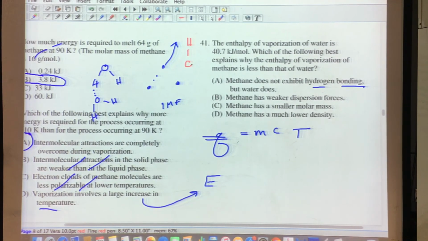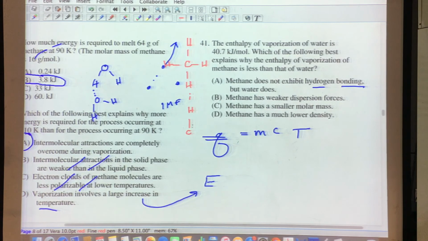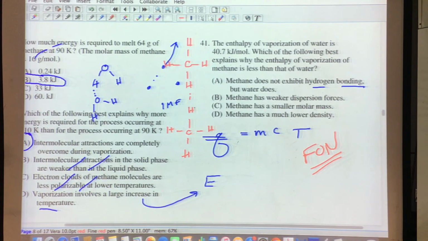I see an H here. So why wouldn't this H of one methane molecule bond with another? Because this carbon's hydrogen is not electron deficient. It's got to be bonded to a FON, having FON with H bonding. This is essentially a nonpolar bond. So A is the best choice.